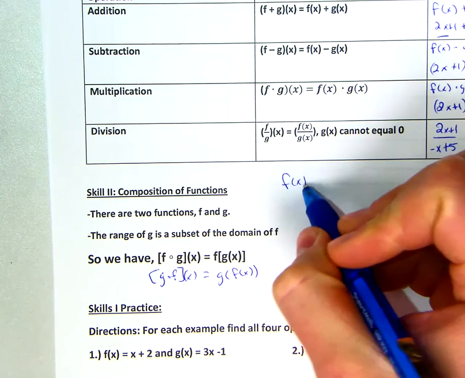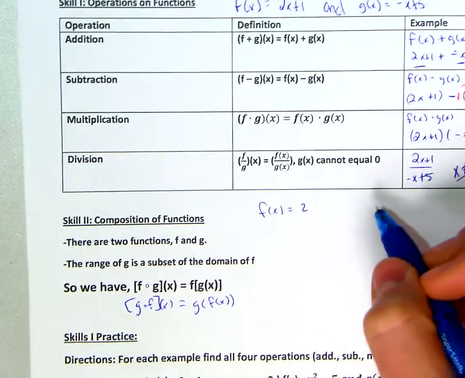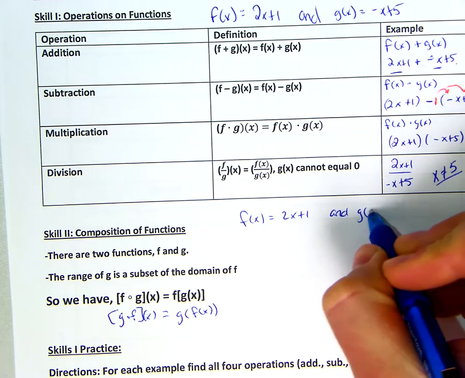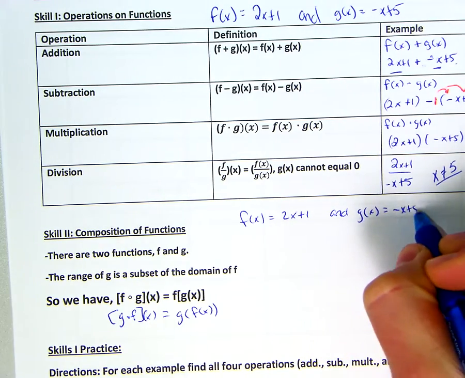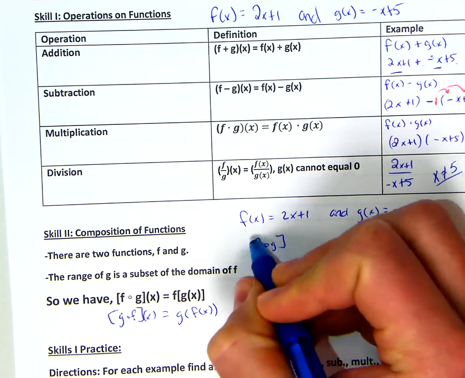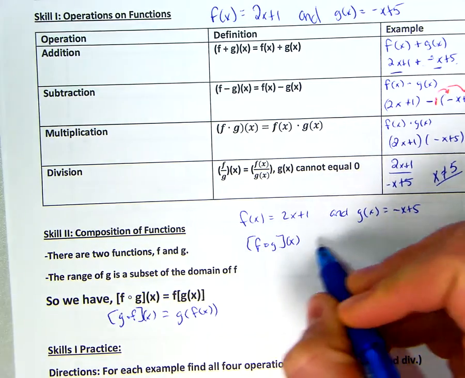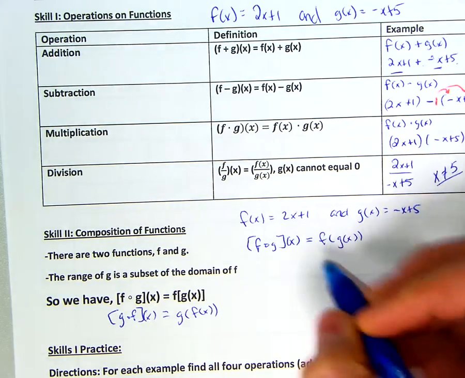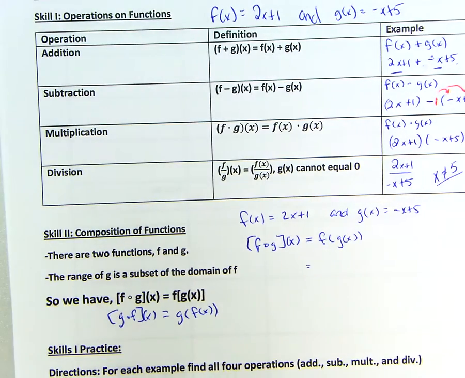So for example, we're going to use the same ones here. So we have f of x equals 2x plus 1, and g of x, which is negative x plus 5. So for f of g of x, this is the way I like to do it.